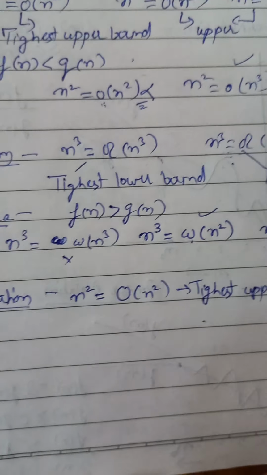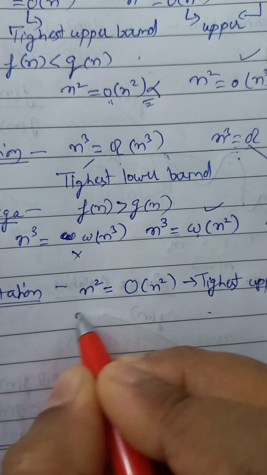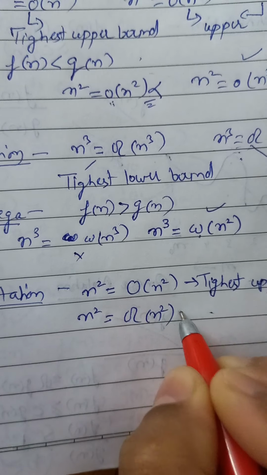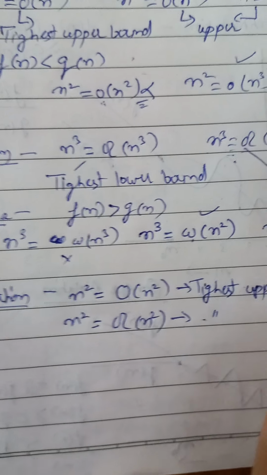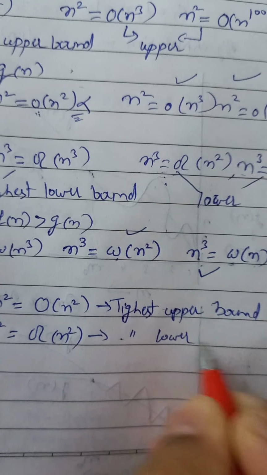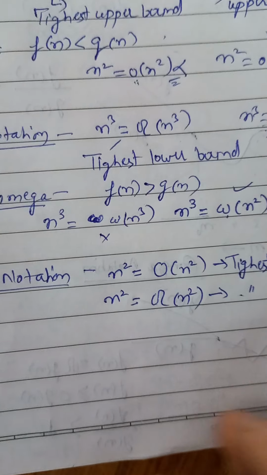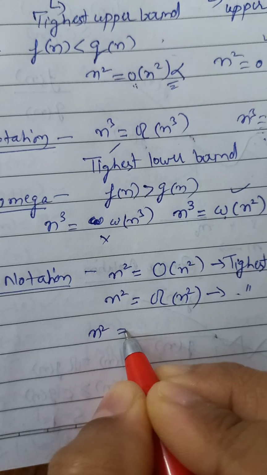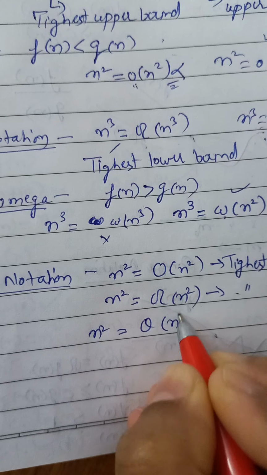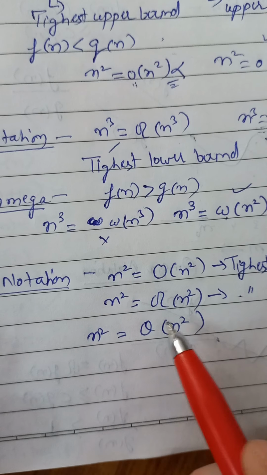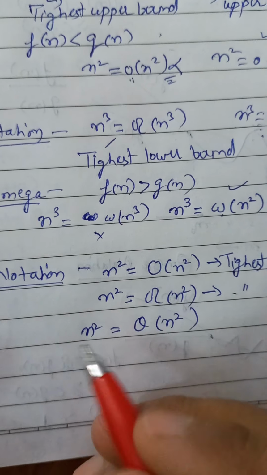And what we have is n square is equal to omega of n square. That is called the tightest lower bound. So this is the condition of n square is equal to theta of n square, because in this case both conditions should be fulfilled.